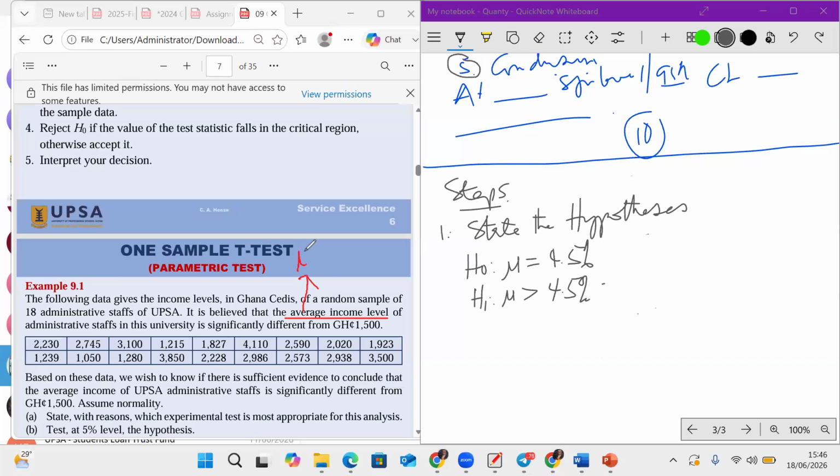The mean. This is called the population mean. We have the X bar, which is called a sample mean, in your statistics. This is the population mean. This is a sample mean. The average income level of administration staff is significantly different from 1,500, meaning it is not 1,500.